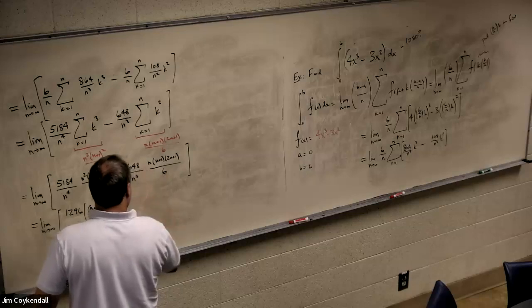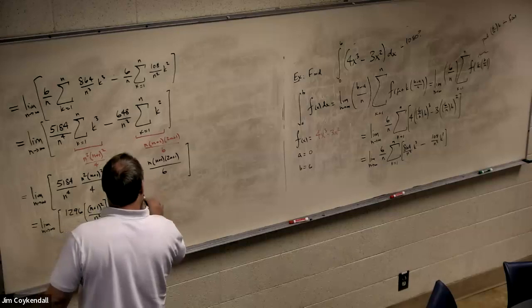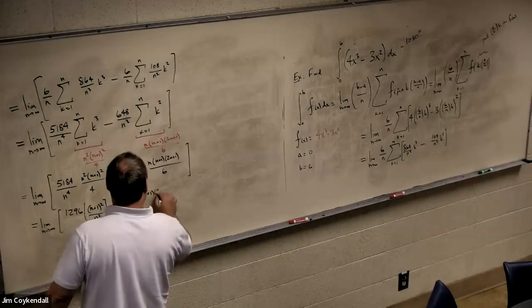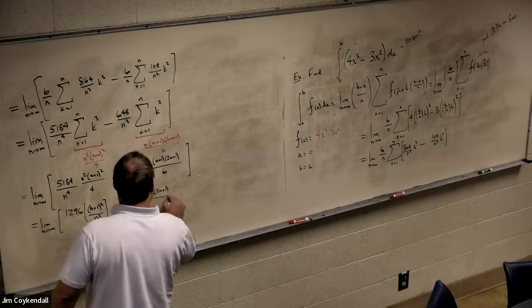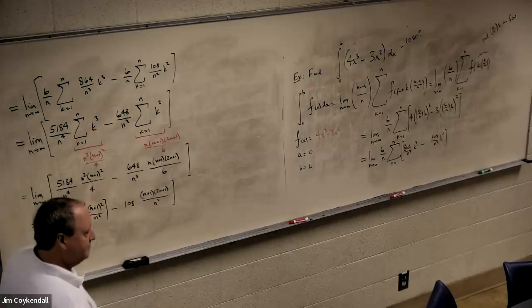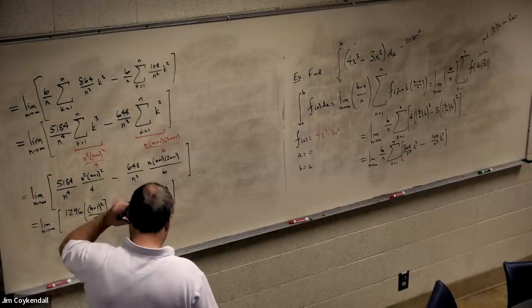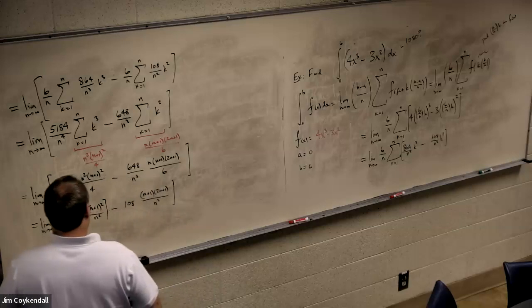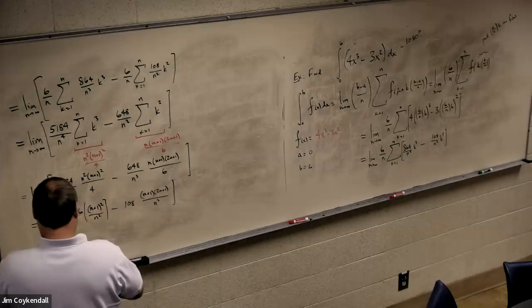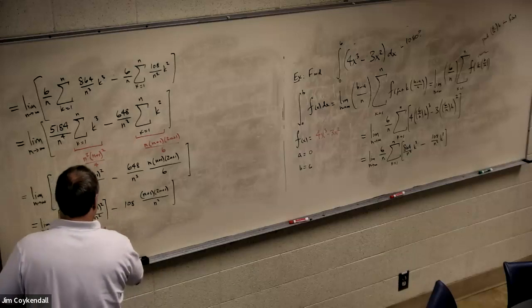This cancels down to like 108. 1 power cancels, like n plus 1 over n, 2n plus 1 over n. Now, this bit right here is n squared plus 2n plus 1 over n squared.